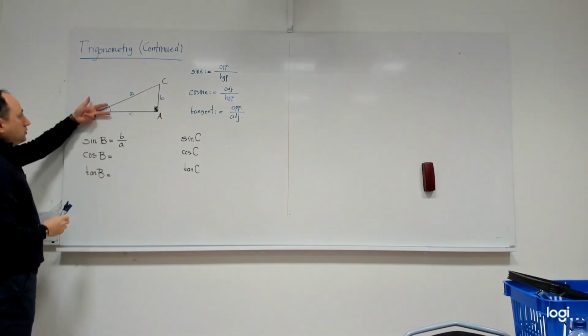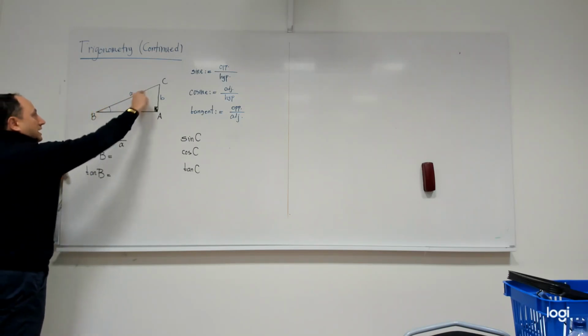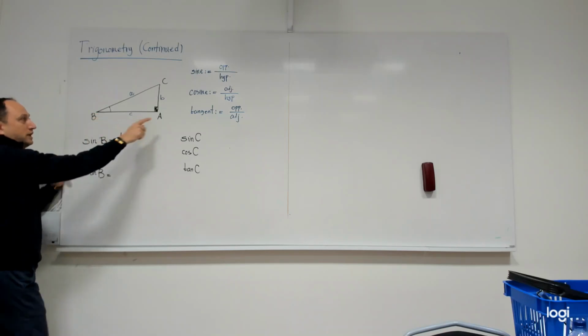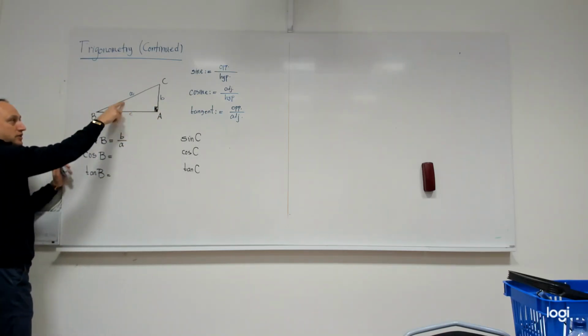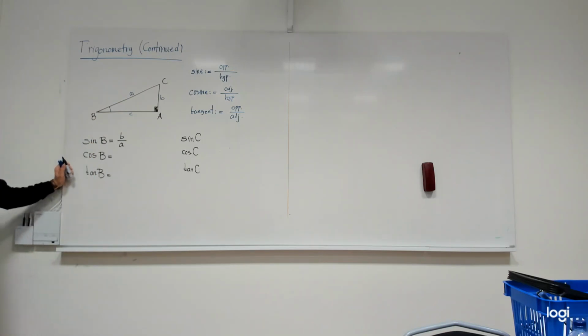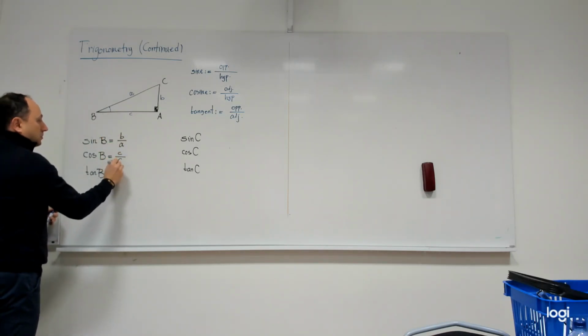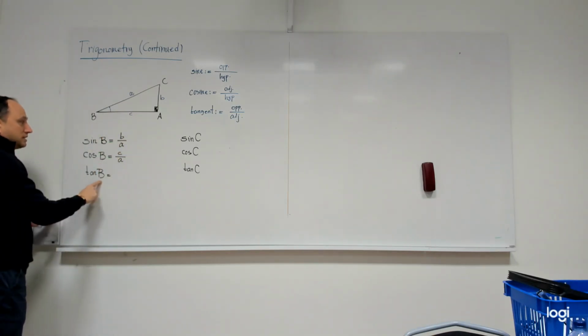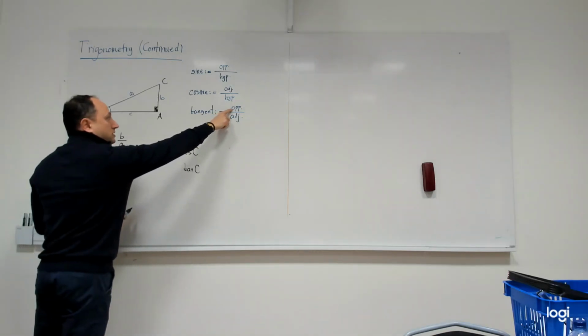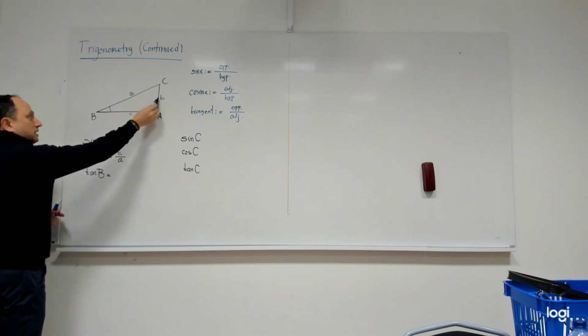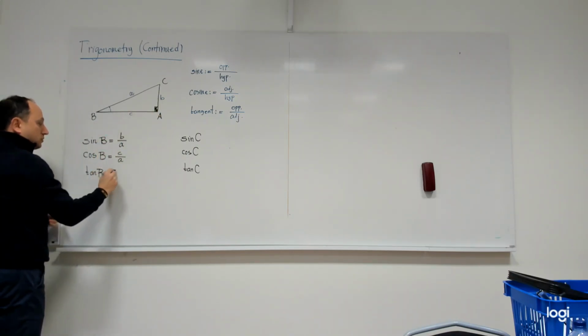If this is your B, you see that this side and that side are both adjacent to B. But when I say adjacent, I mean c, not a, because a is actually the hypotenuse, so it is not confused. So if I ask you what is cosine of B, you would say it is c divided by a. And if I ask you what is tangent of B, it is the opposite side divided by the adjacent side. The opposite side is b, the adjacent side is c, so this becomes b over c.